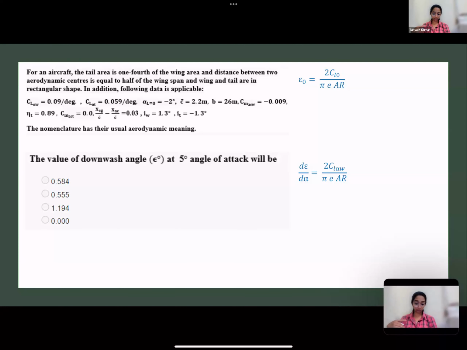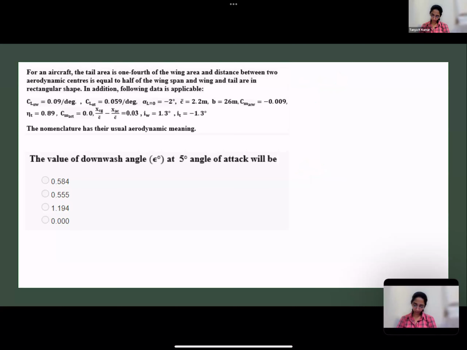Be careful of the units, okay? Are you done with epsilon naught? Let's start with epsilon naught.